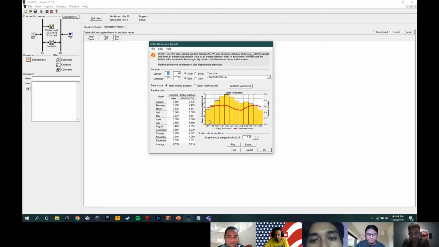For the daily radiation in January, 3.435 kilowatt-hours per day. In February, it increases to 4.403, and in March 5.604, and in April it increases to 6.578.